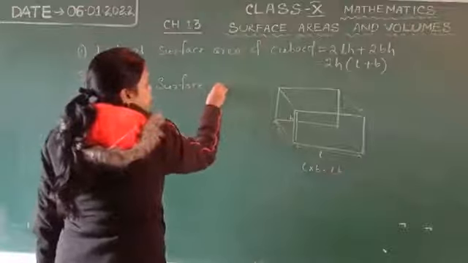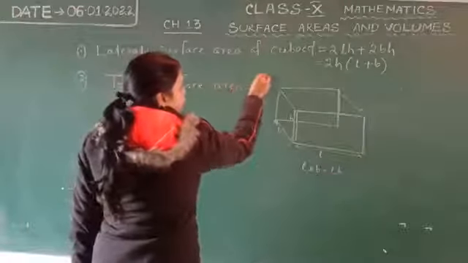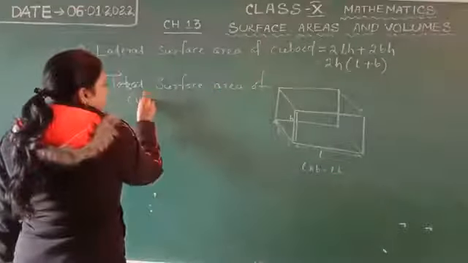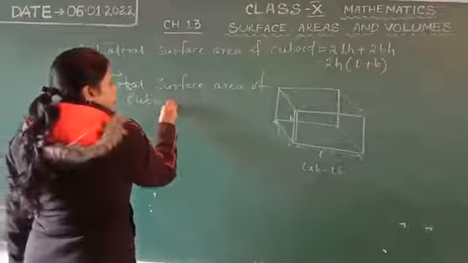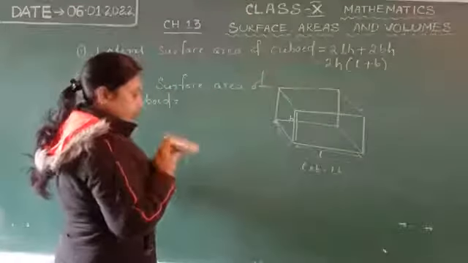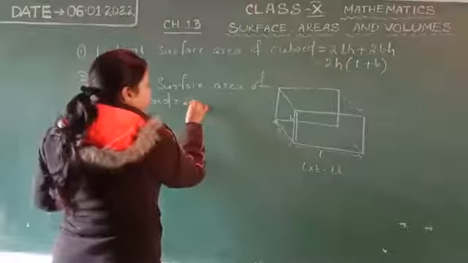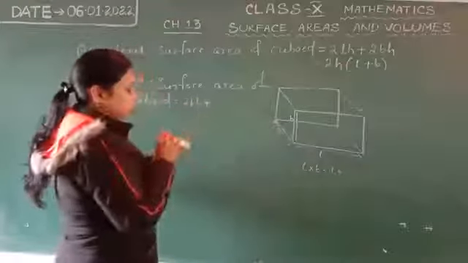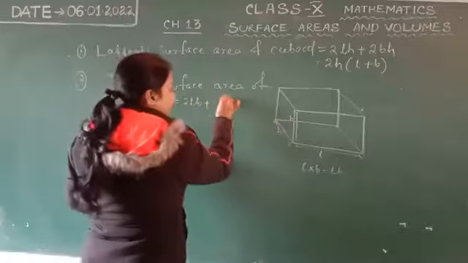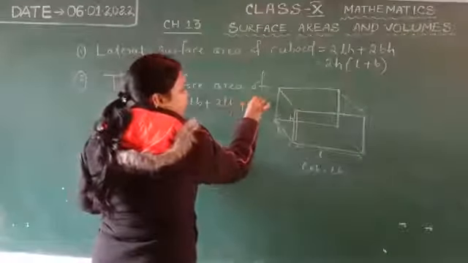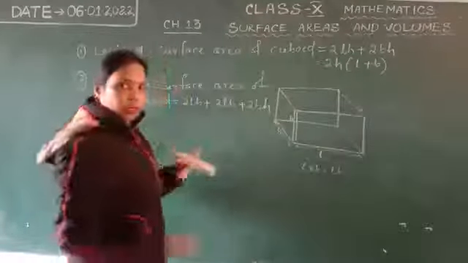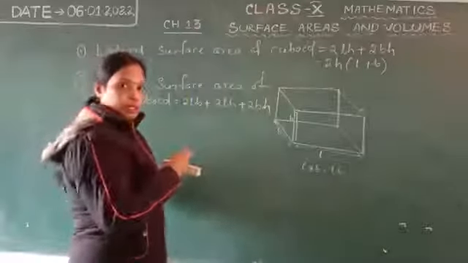Total surface area of a cuboid is equal to what? 2 length into breadth, so 2LB plus 2LH plus 2BH. Okay, all the 6 faces' areas.